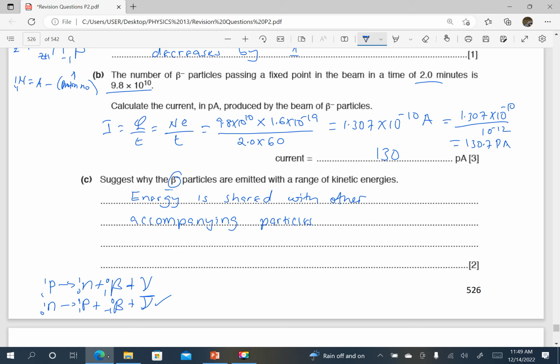In this case, because it is beta minus, we shall specifically say such as the antineutrino.